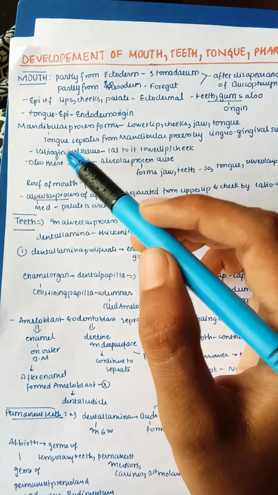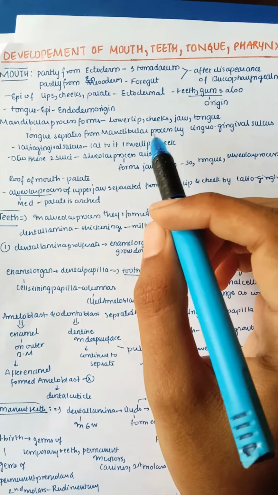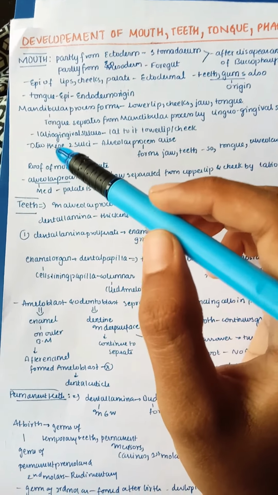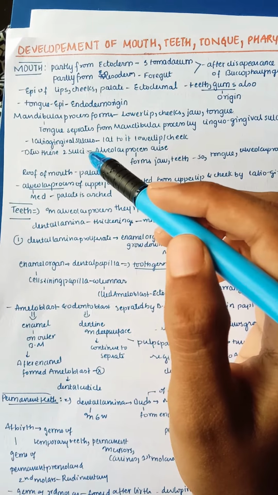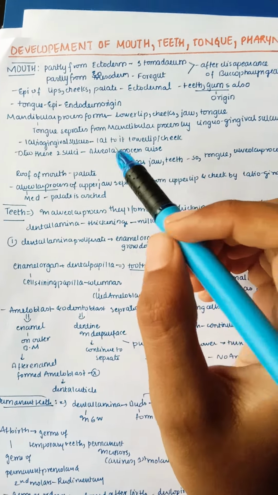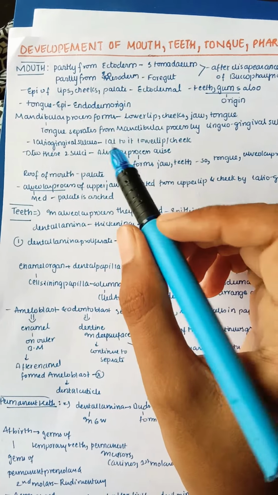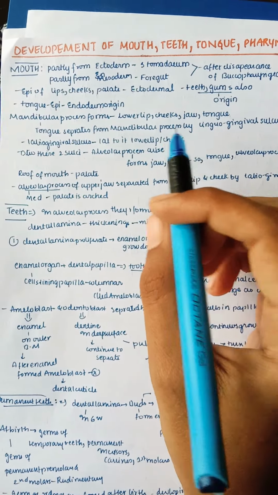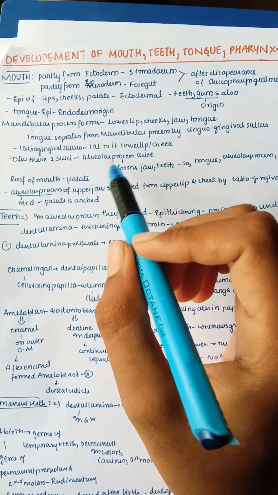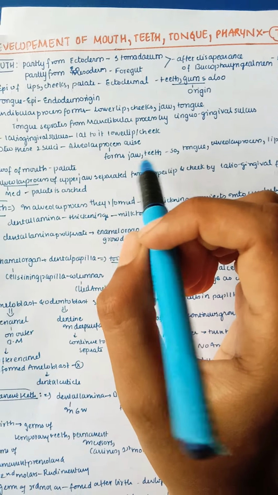The tongue separates from the mandibular process mainly by the linguogingival sulcus, as we discussed. The labiogingival sulcus is at the lower lip or at the cheek. Between these two sulci, the linguogingival sulcus and the labiogingival sulcus, we have our alveolar process, which forms mainly the jaw and teeth.